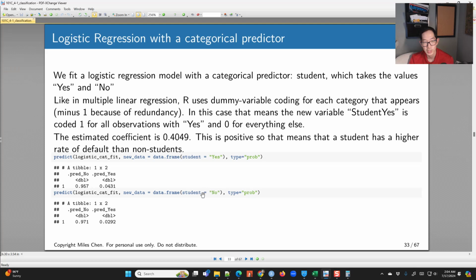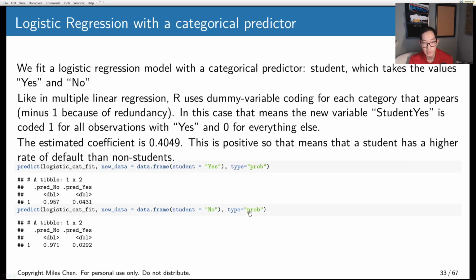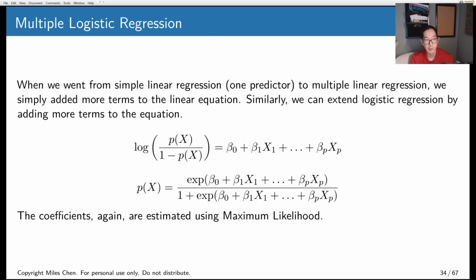Whereas if the person is not a student, their probability of defaulting is lower at 0.0292. Okay, but that difference is significant, and it indicates that yes, students do have a higher rate of defaulting, 0.043 versus 0.0292. Okay, so that's what we have here, right?